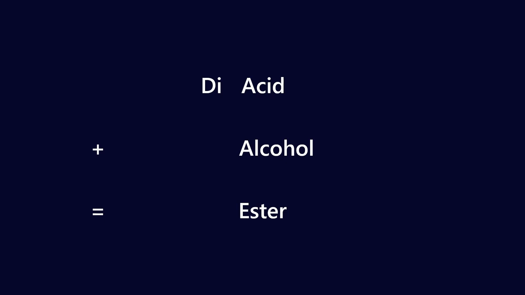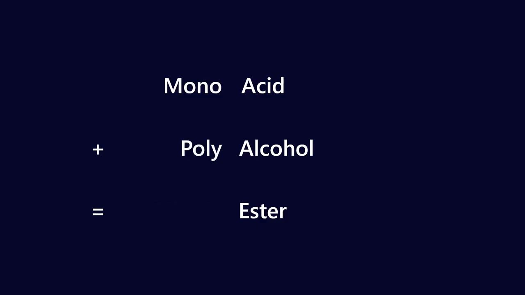However, if I react a diacid with a mono alcohol, what I get is a diester. Now the full name is dibasic ester, but commonly they're just called diesters. You'll see these in compressor oils and jet oils in particular. A really common base oil that's out in the market.